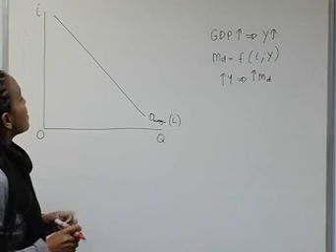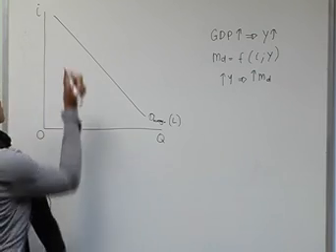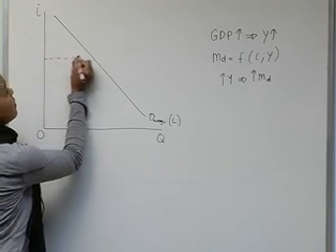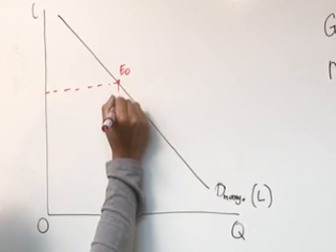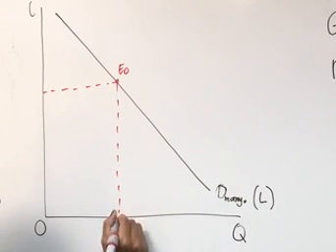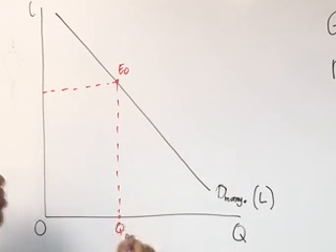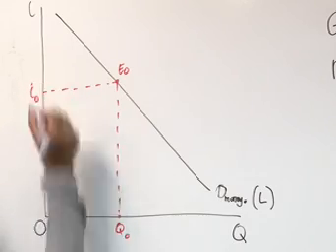Okay. So to answer this question, you need to start at an equilibrium point on your original graph, which we can call E0. Remember to mark all your axes.